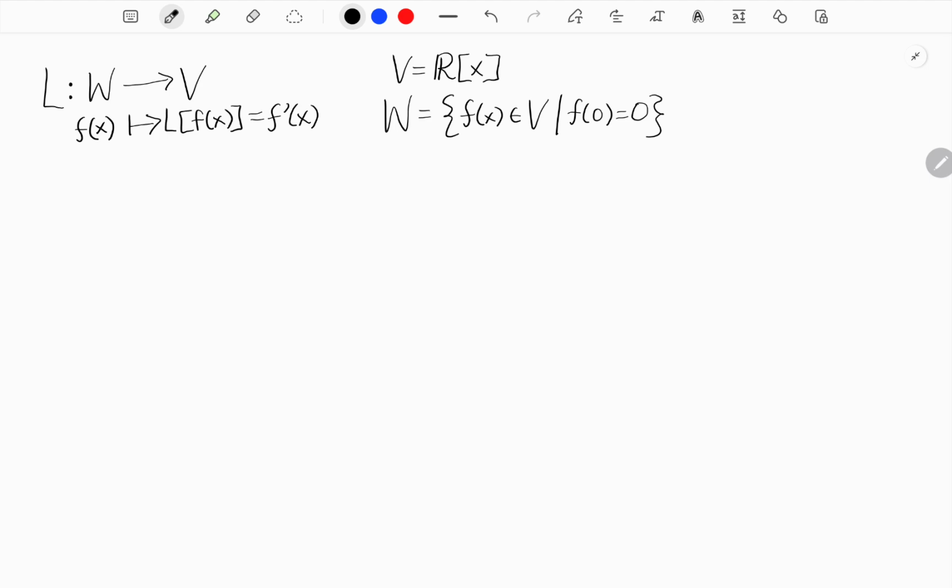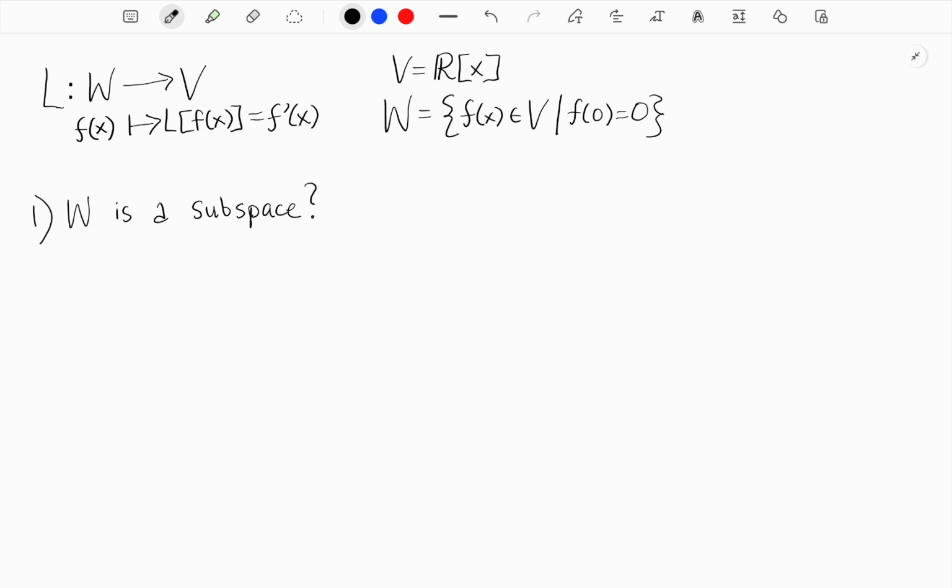So now, the first thing is, let's check if W is a subspace of V. We know that W is a subset, but is W a subspace? All subspaces are subsets, but not all subsets are subspaces.